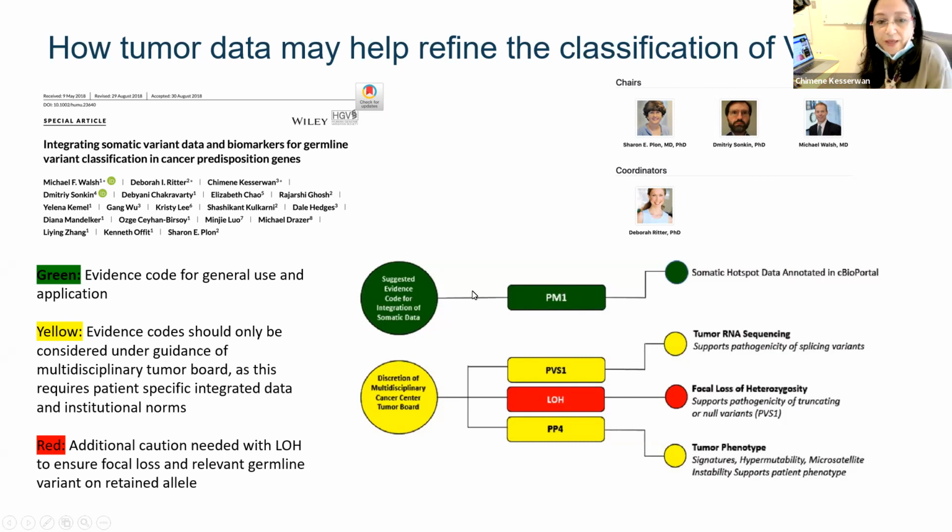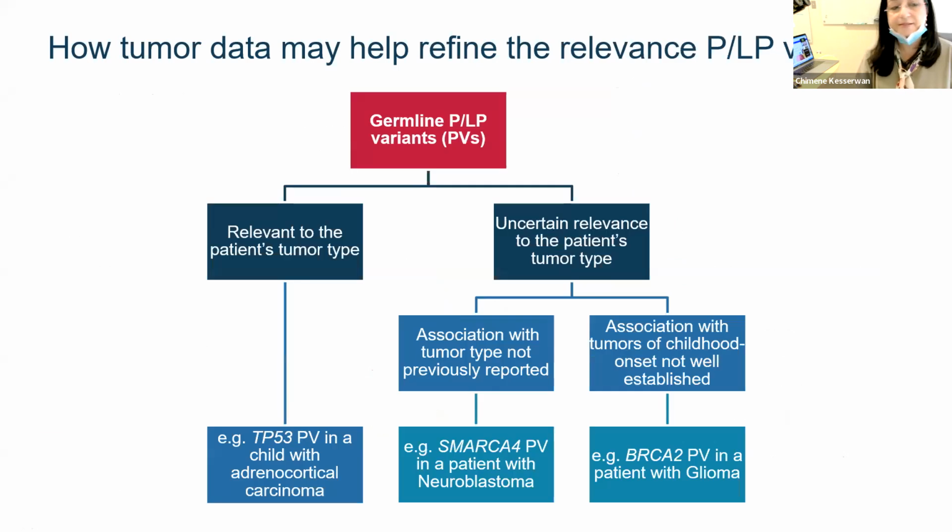So you see, we have color-coded: the green light, which got approval from the ClinGen leadership; the yellow, meaning you need to be careful; and now the red for loss of heterozygosity, which is still up to provider discretion and after the consensus of a multidisciplinary tumor board to apply these codes. We have applied these codes in our study, and I will walk you through an example.